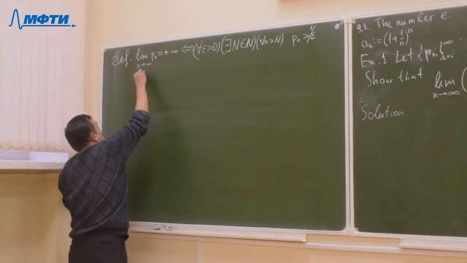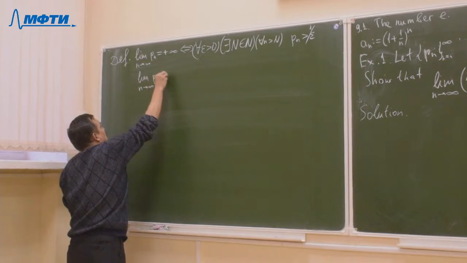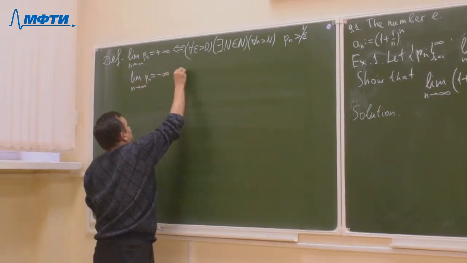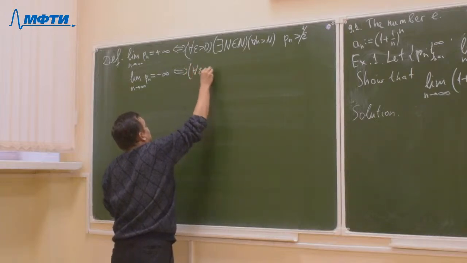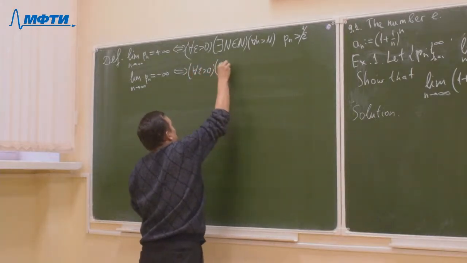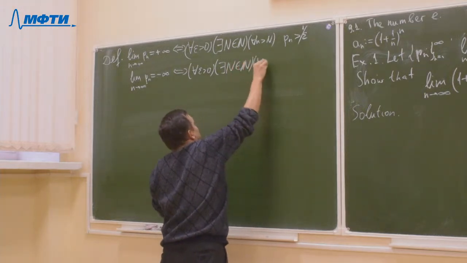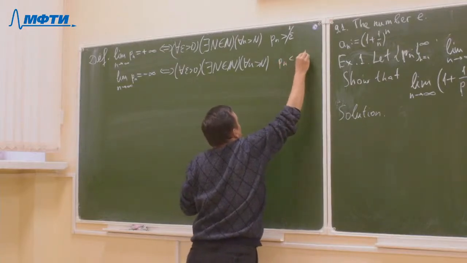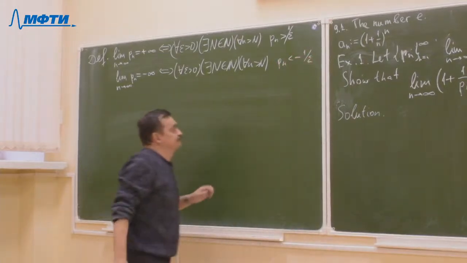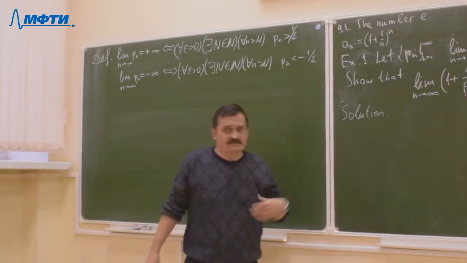And for the limit equals to minus infinity, we have an analogous thing. But now this is less than minus 1 over epsilon. Or if you want just minus epsilon, doesn't matter.